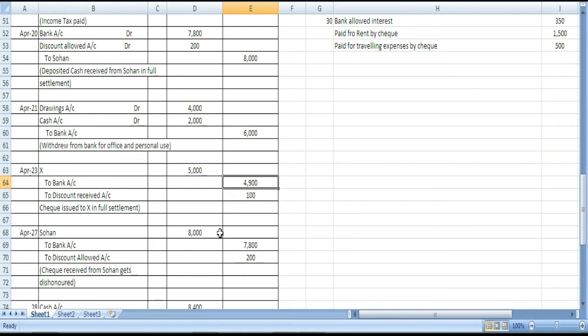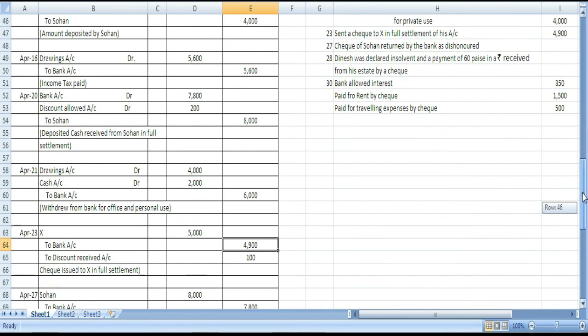Bank is giving back the check, 7800, and we will credit discount allowed because we are cancelling the discount allowed here. Check received from Sohan gets dishonored.